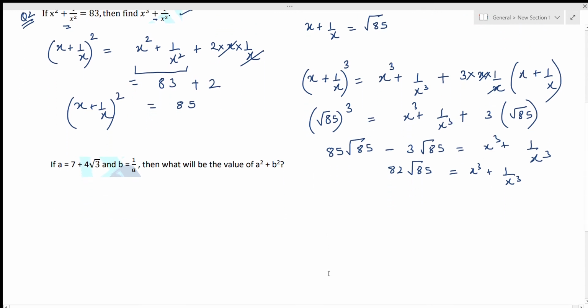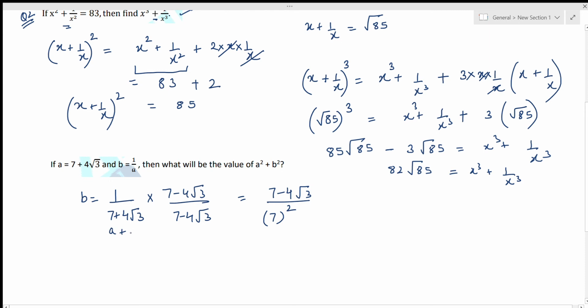In the next question, you need to find the value of a square plus b square, and a and b are given to you. So let's first find b. b is 1 by 7 plus 4 root 3, which is 1 by a. So let's rationalize the denominator. To rationalize the denominator, we just take the opposite sign. So this will become 1 into 7 minus 4 root 3. The denominator will be in the form of a plus b, a minus b.